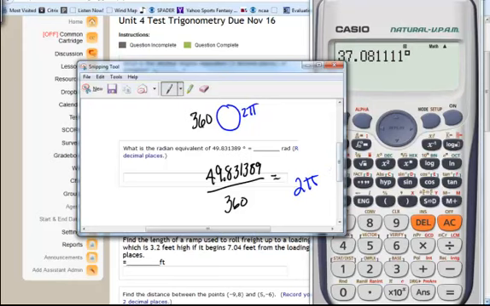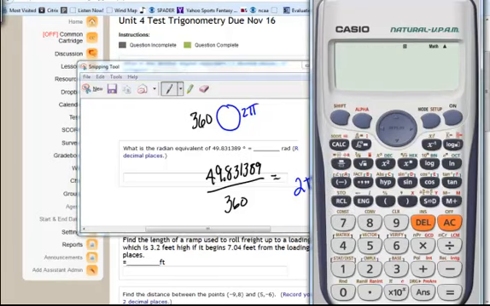So we'll just take on our calculator 2 shift pi times 49.831389, and then divide by 360, and that'll be your answer.